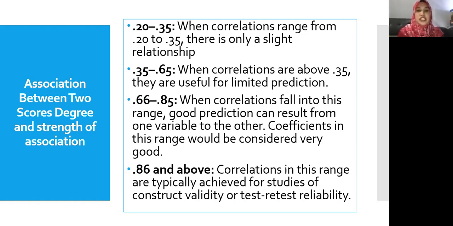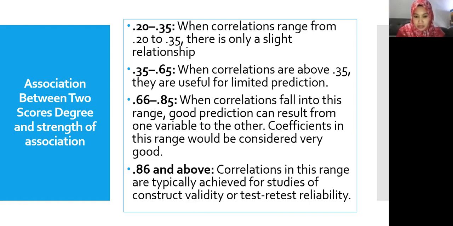Okay, and this is also the association like what I have touched before. We can identify whether it has a correlation or not based on the result of the calculation of R, and then we can check on this table here. For example, 0.20 until 0.35. When the correlation ranges from that, it's only a slight relationship.